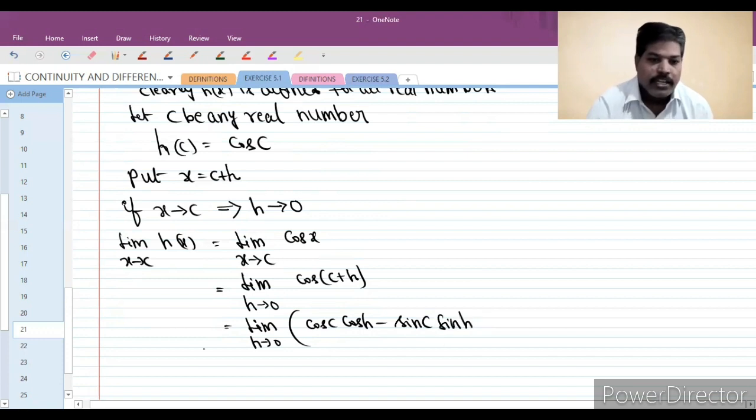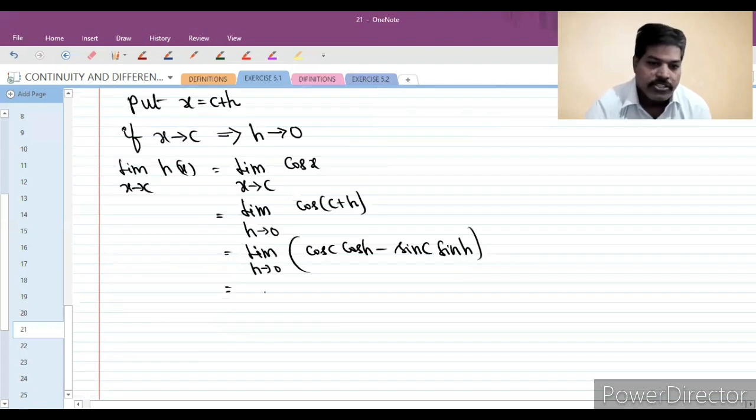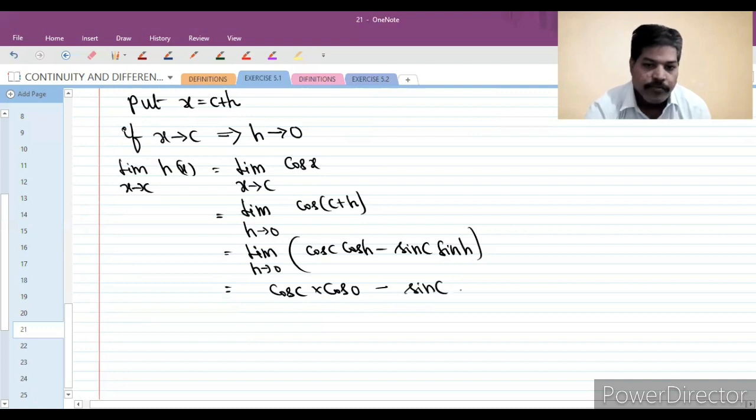Then apply the limits. In the place of h replace the 0. Then it will become cos c cos 0 minus sin c sin 0.